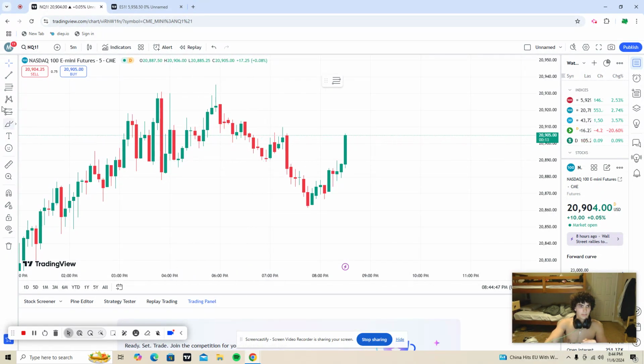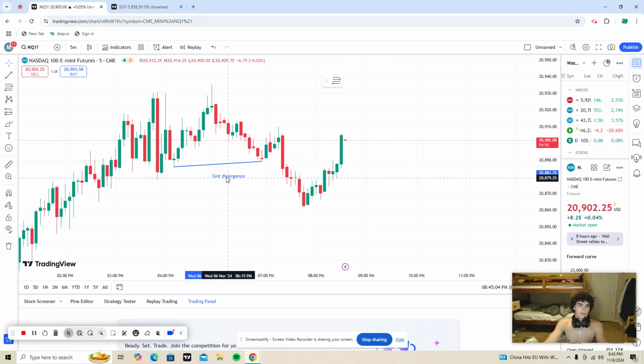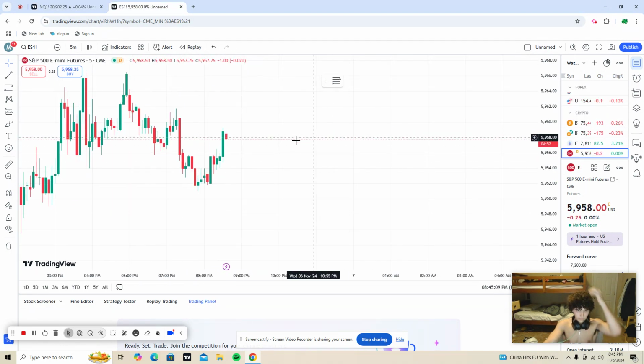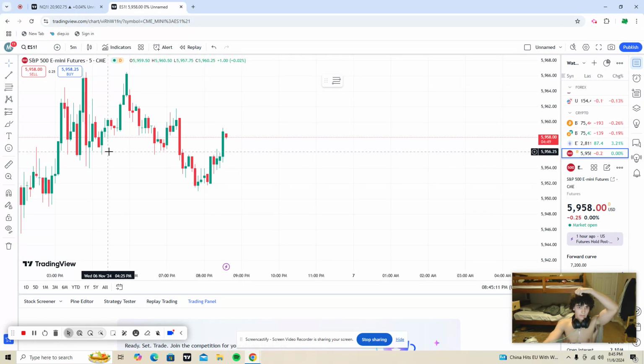So that would be an SMT. Basically, you draw a line from here to here, and that's the divergence. So when the market comes, you can see on ES that it came, swept this low, and then price went up to go sweep.